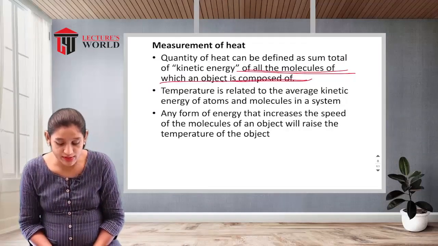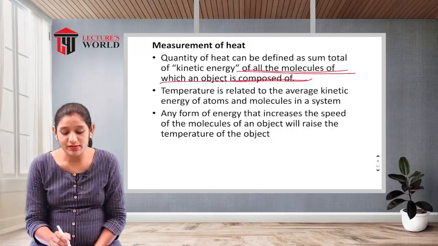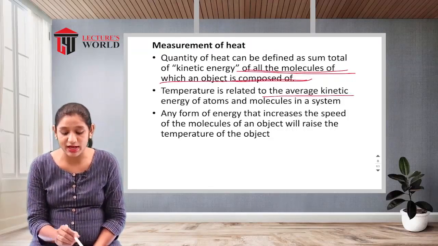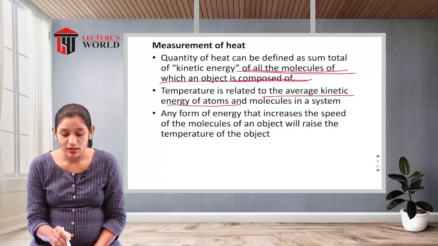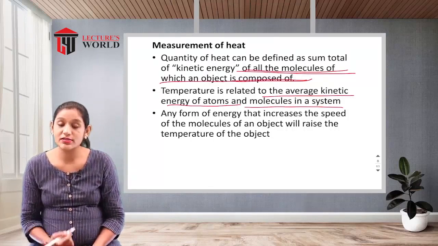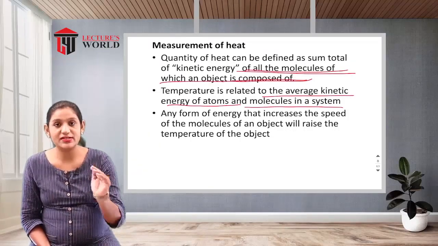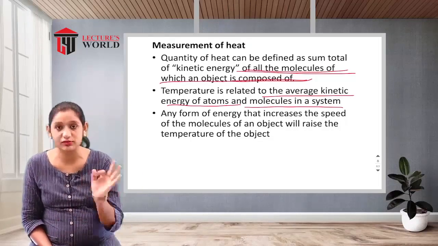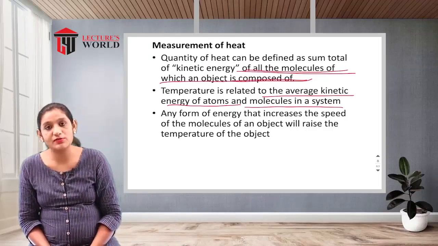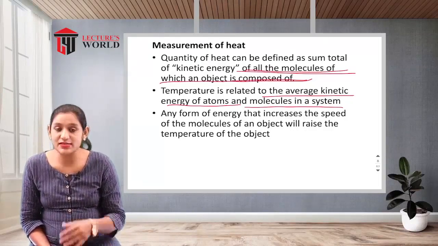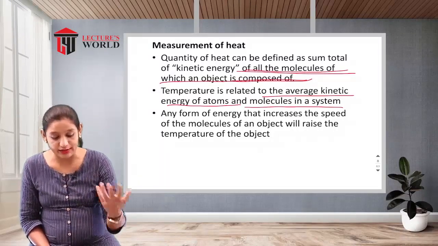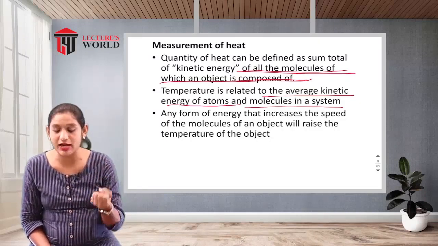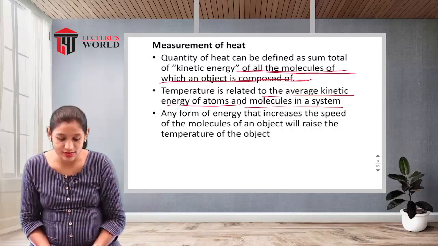Let's talk about the next one. Temperature is related to the average kinetic energy of atoms and molecules in the system. The temperature is correlated to the average kinetic energy of the atoms and the molecules in a system.